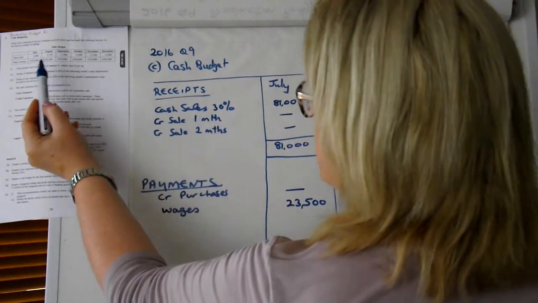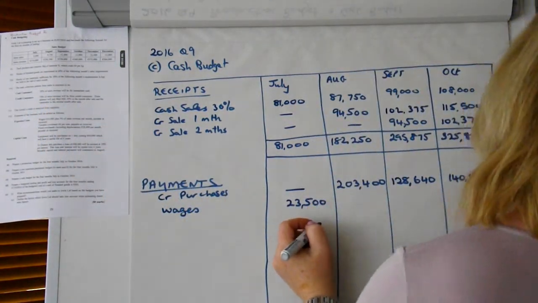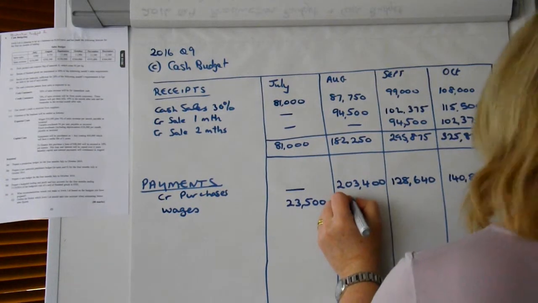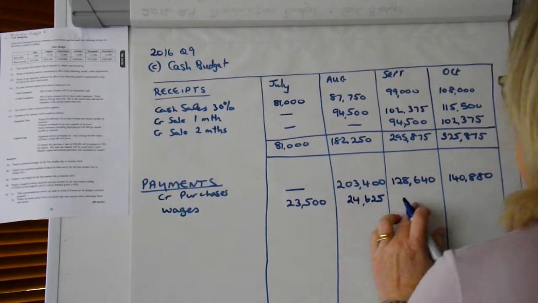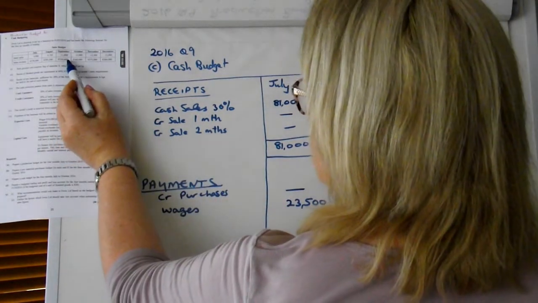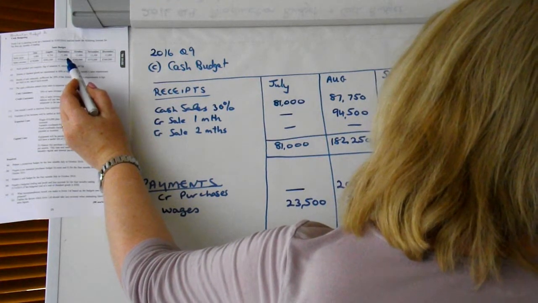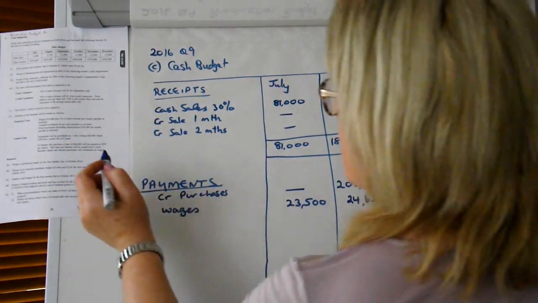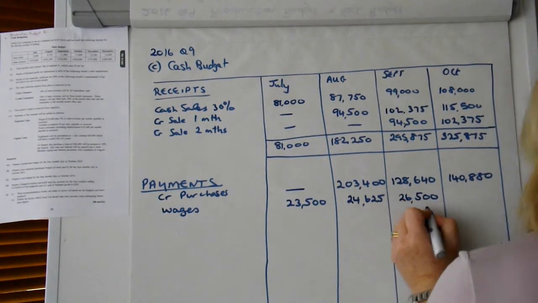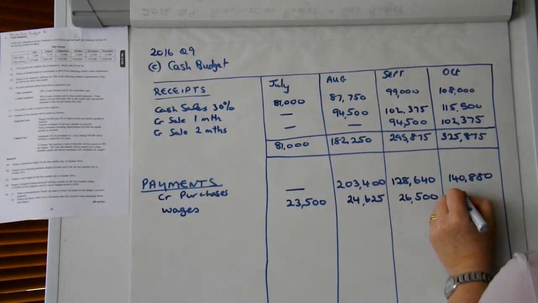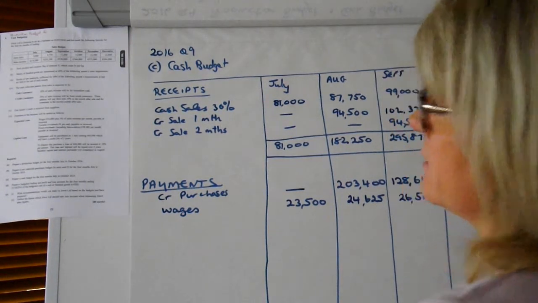So again, 5% of August added on to the 10,000 will give me wages there of 24,625. 5% of September sales, 5% of the 330,000 will work out at 16,500, plus the 10,000 is 26,500. And for October it works out at 28,000. That's my wages bill.